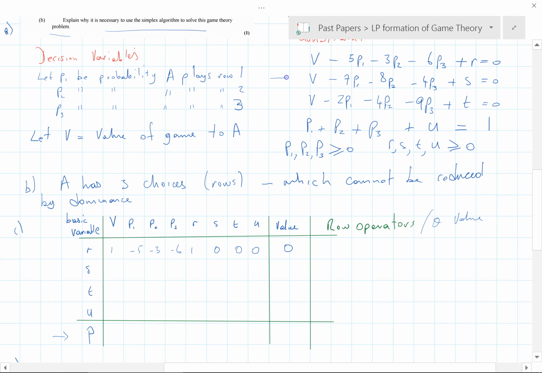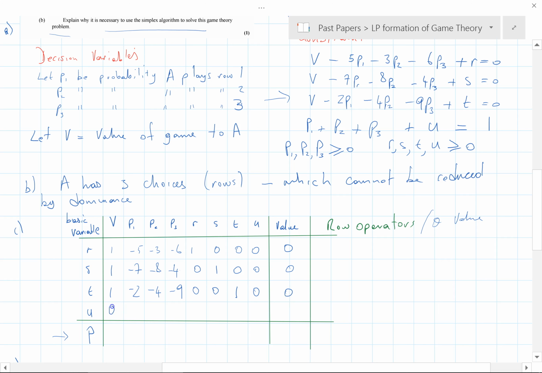Okay, next one, V, so that's a 1 minus 7P1 minus 8P2 minus 4P3 plus S equals 0. Okay, and then 1 minus 2P1 minus 4P2 minus 9P3, 0, 0 plus T, 0, 0.